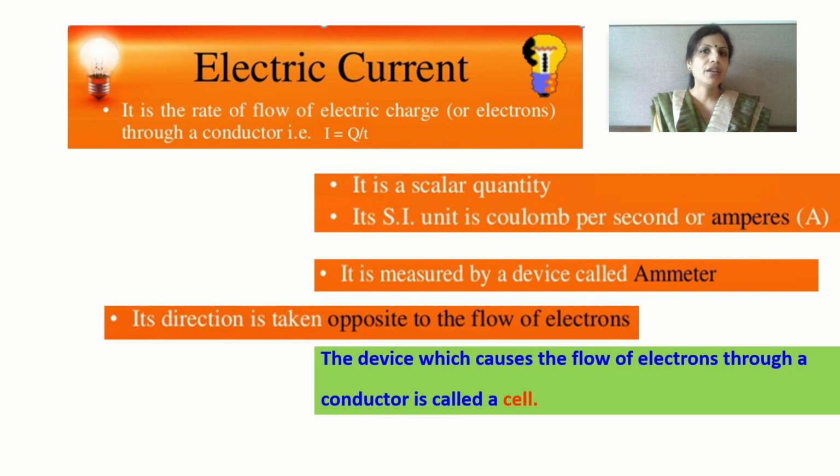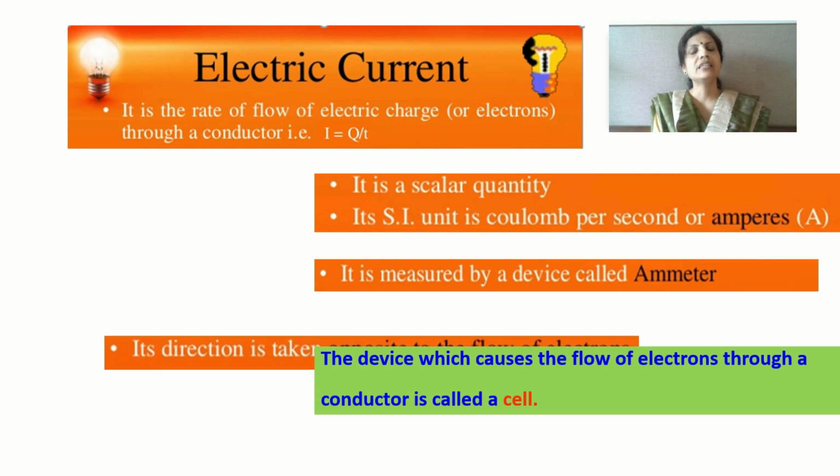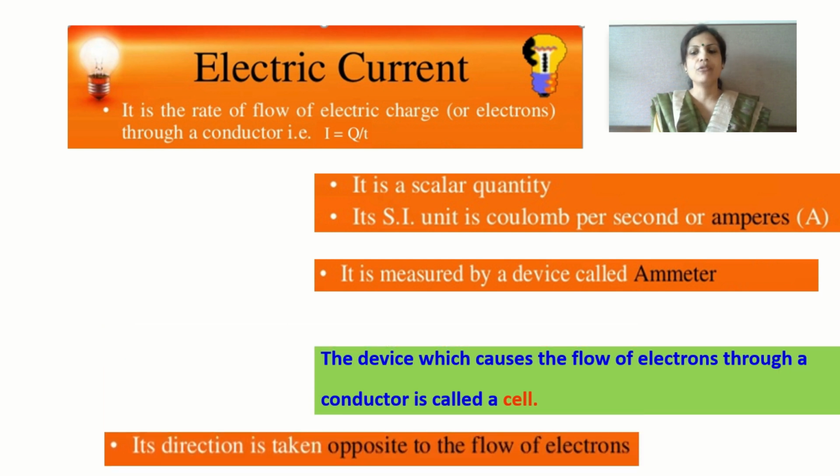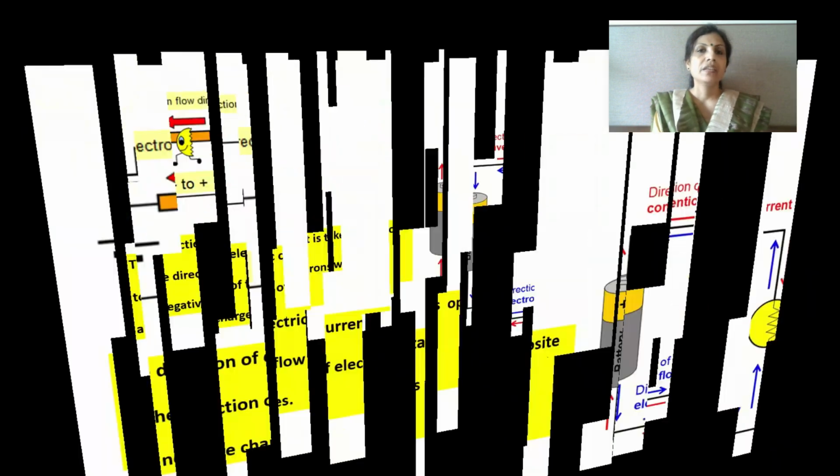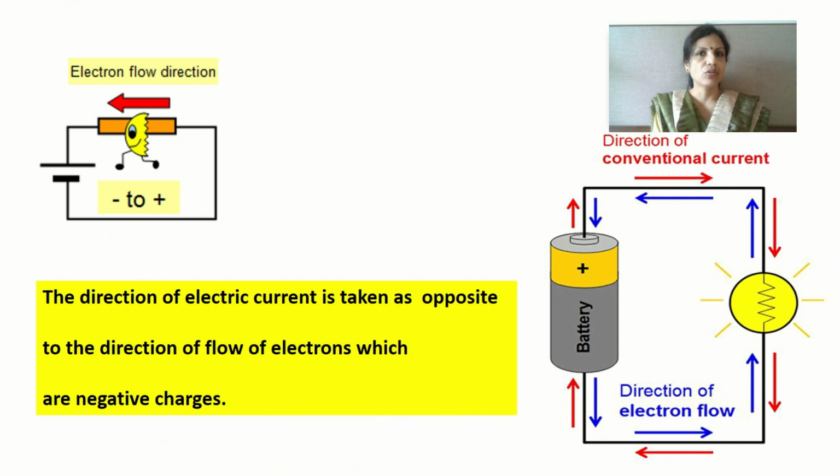Now one very important thing we learned is that the direction of electric current is taken opposite to the flow of electrons. With this figure it will become clearer to all of you. Look at the first figure. The direction of flow of electrons in an electrical circuit is from the negative terminal to the positive terminal of a cell. But when electricity was discovered, electrons were not yet discovered.